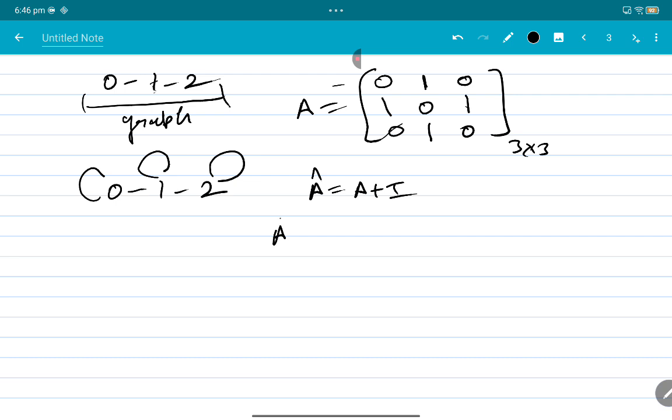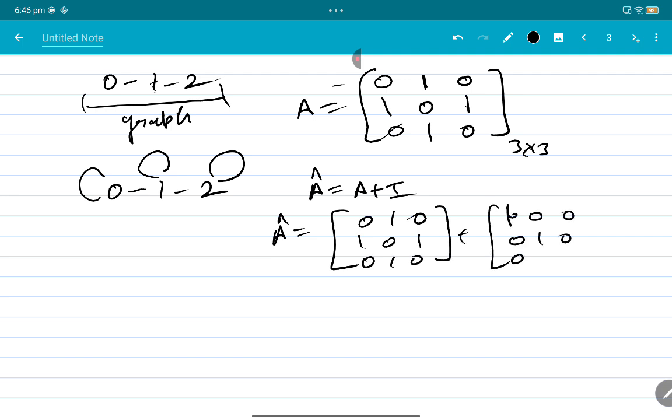Now this A matrix will be 0 1 0, 1 0 1, 0 1 0, plus 1 0 0, 0 1 0, 0 0 1. So it will be 1 1 0, 1 1 1, 0 1 1.